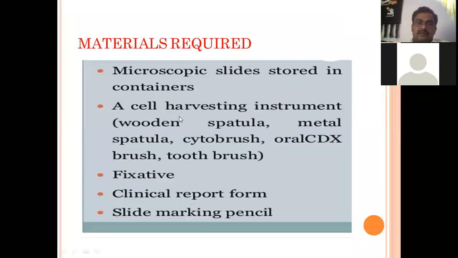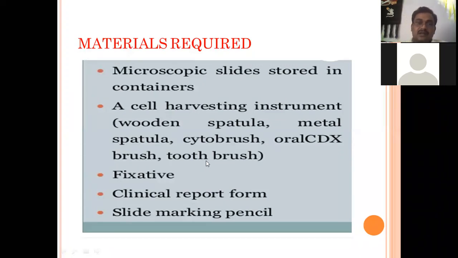And second, you need some instrument by which you can collect these exfoliated cells. Maybe a wooden spatula, maybe a metal spatula, and nowadays you are using an advanced technique using a cytobrush. It is not simple brushing; it is cytobrushing. Accordingly, you can use a toothbrush. So any sort of instrument can be used for collecting the exfoliated cells.